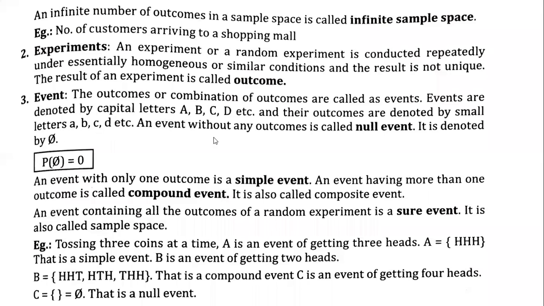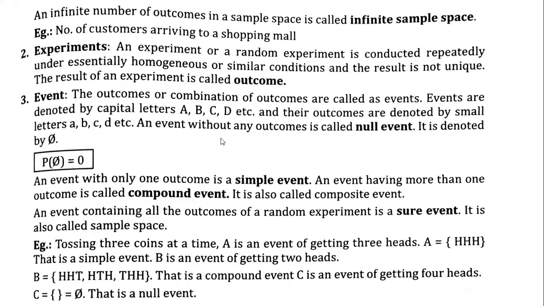The next one, the outcome or combination of outcomes are called events. One of the outcomes, the result of the experiment, is called an outcome. When I toss a coin, head or tail is the outcome. If I get head, that is an outcome. If I get tail, that is an outcome.